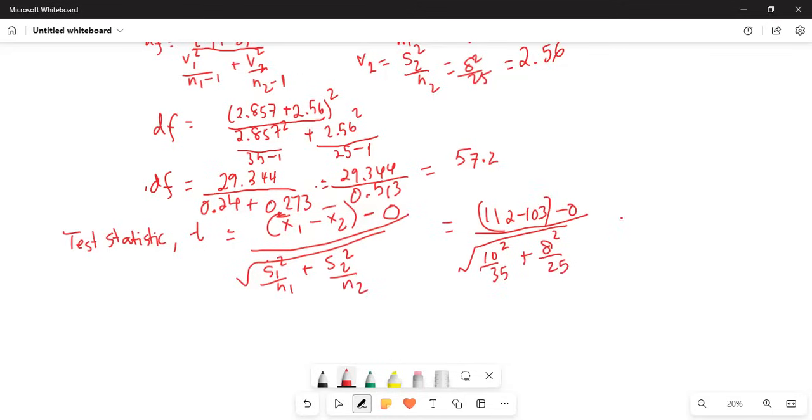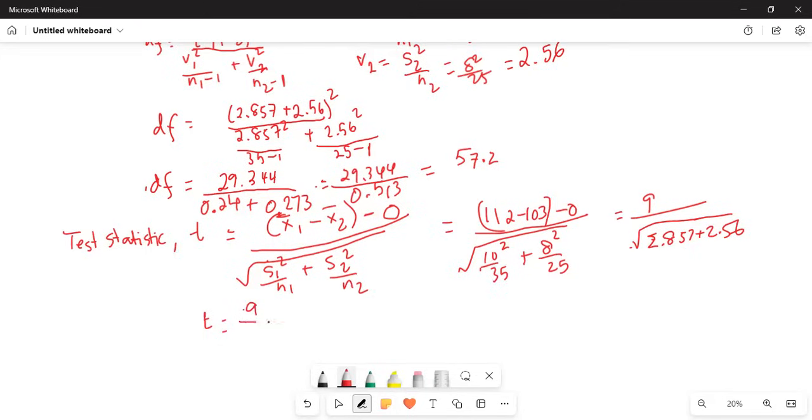So this is equal to 9 divided by square root of 2.857 plus 2.56.